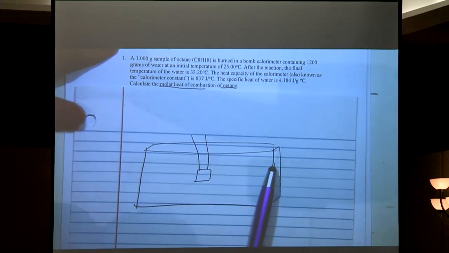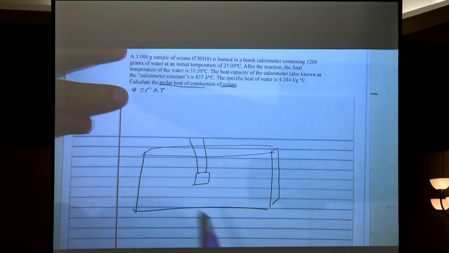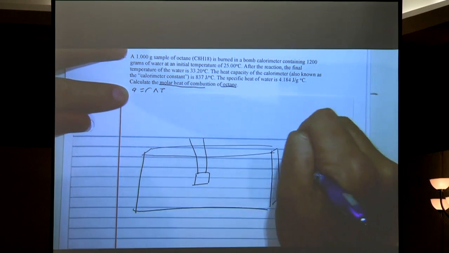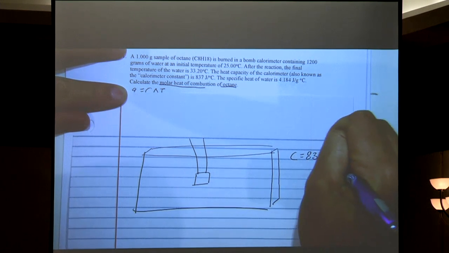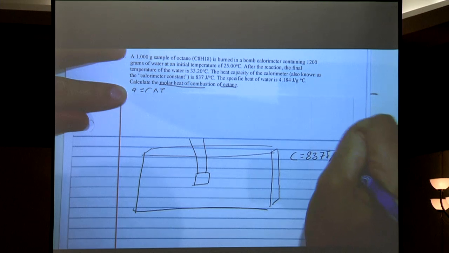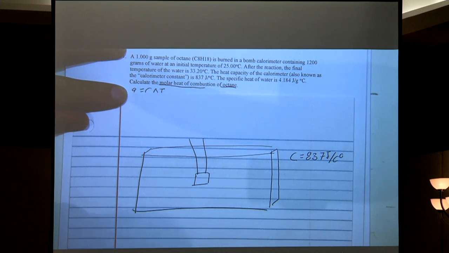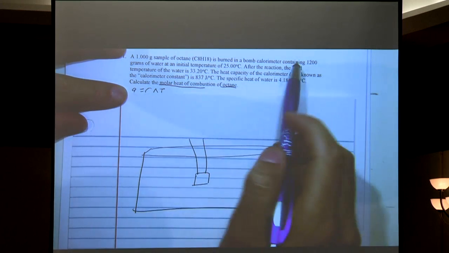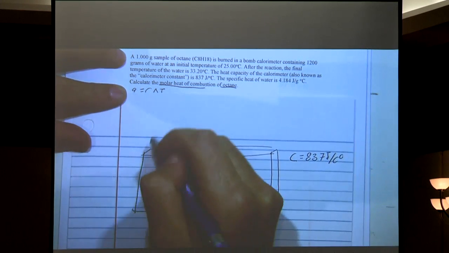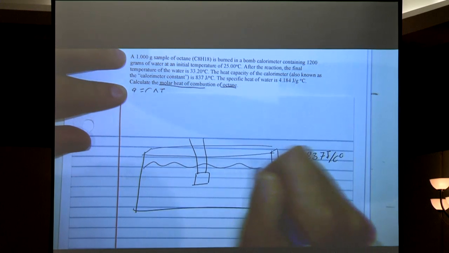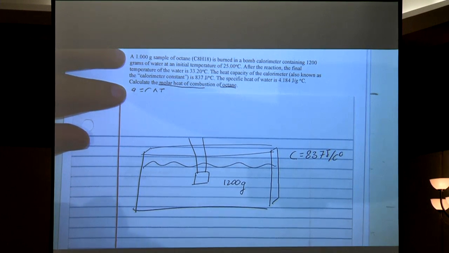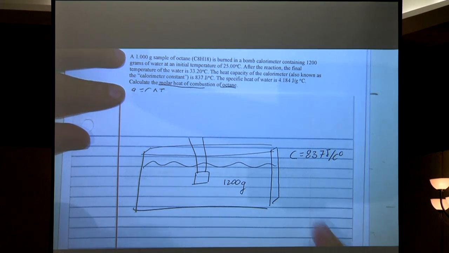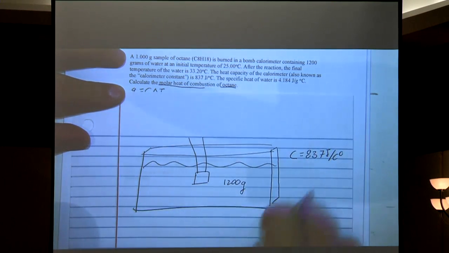The empty tank has a heat capacity of 837 joules per degree Celsius. We know we fill up the tank with 1,200 grams of water. So I need to find the heat capacity for the total thing.